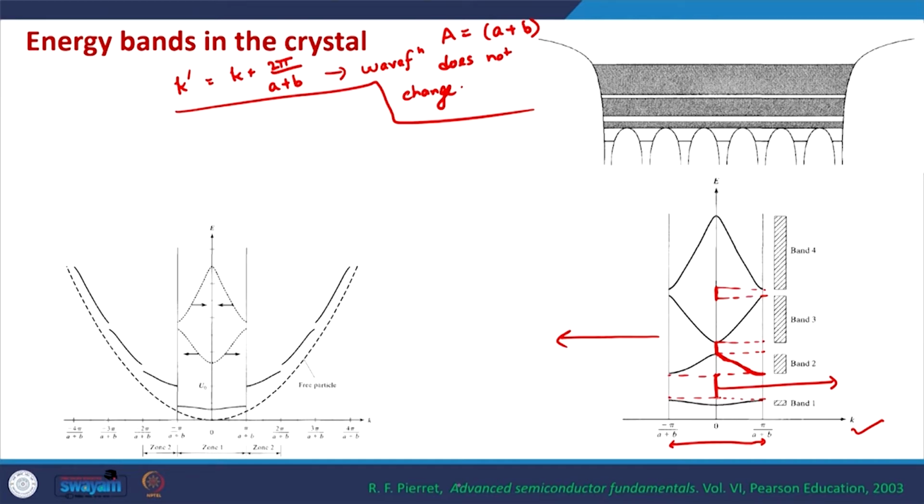So, that is what we do, and if we shift this to the left by 2 pi by a and this to the right by 2 pi by a, this to the right, this to the left by 2 pi by a, okay, and this to the left, this to the right by 4 pi by a plus b. This is what we obtain.